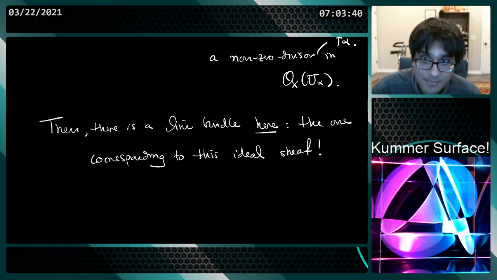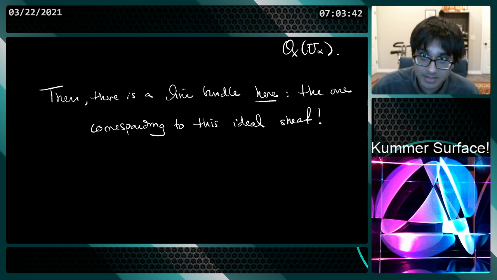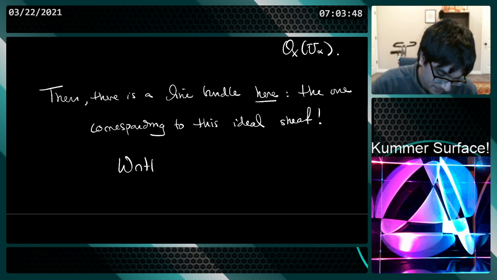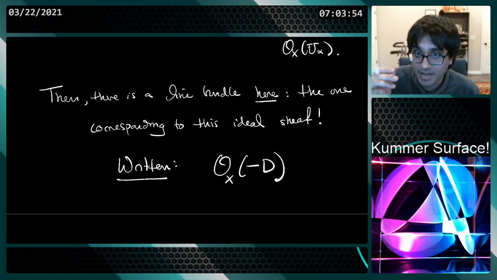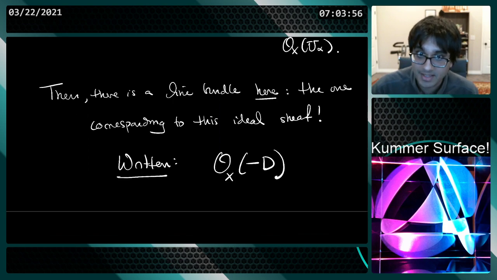And we have a name for this particular line bundle, the ideal sheaf of a divisor. It's written OX of minus D. The minus sign is for a reason. On Wednesday, I'll start with the example of OP1 minus a point, the ideal sheaf of a single reduced point on P1.